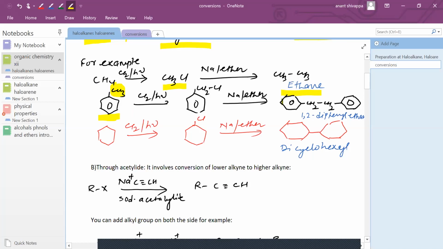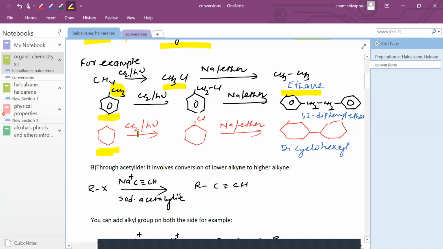This is the reaction when examples are given based on aromatic hydrocarbons. Remember, in aromatic hydrocarbons, the substitution takes place in the side chain. Then this is an alicyclic compound, cyclohexane. Its reactions are the same as aliphatic compounds.